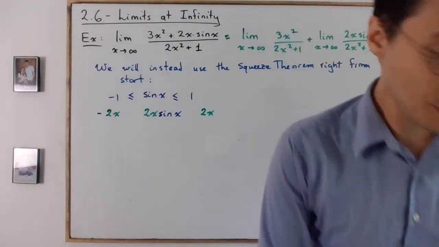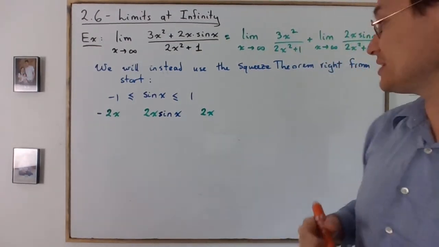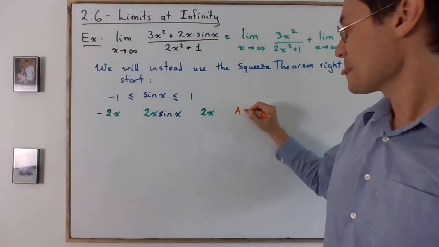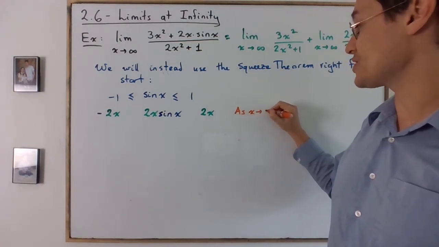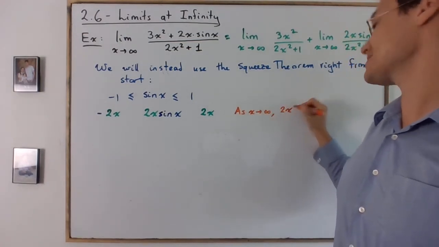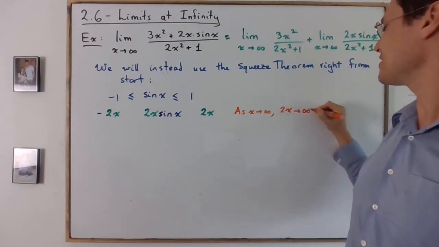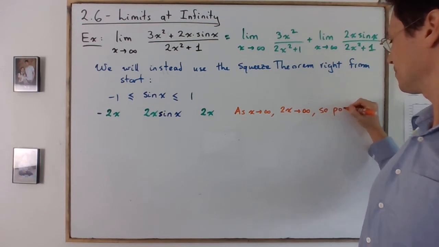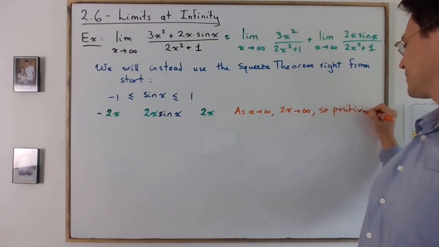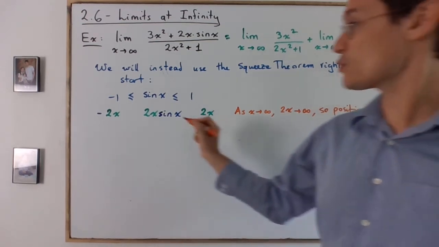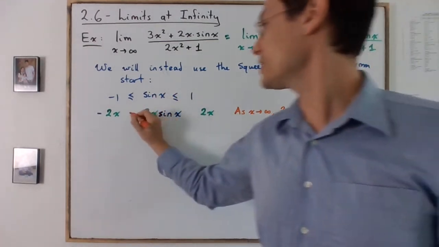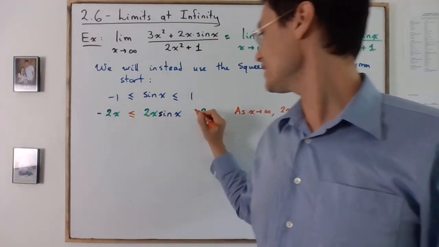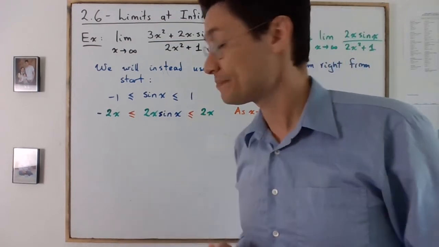Now what's important to note is that as x approaches infinity, 2x is also approaching infinity, meaning it's positive. Therefore, since we multiply all sides of the inequality by a positive number, the inequalities don't change.